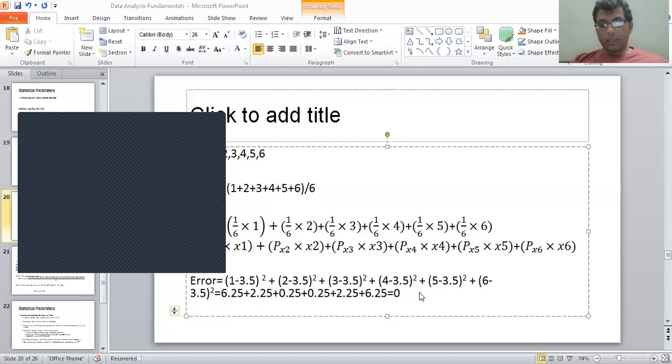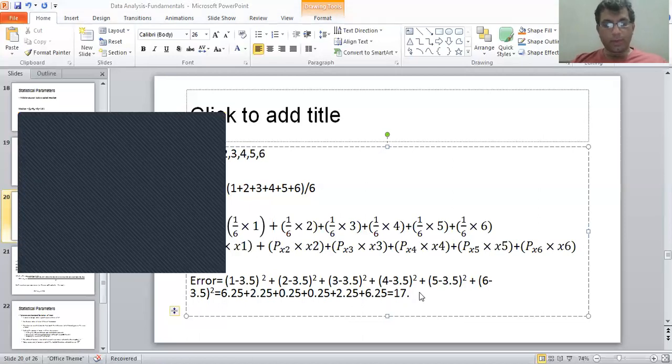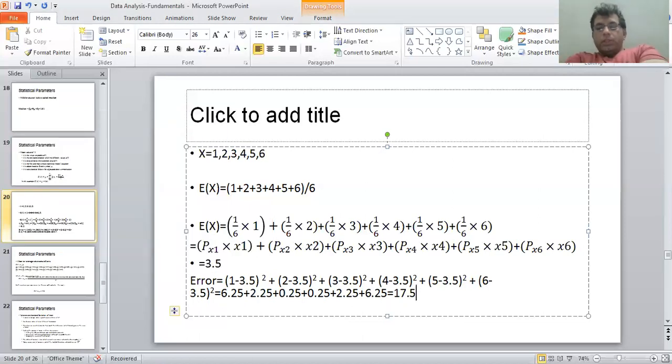So the error, not rather error, since we have taken the squares, it's 17.5. So this means that now the sign problem is solved, and because of which the two issues are also resolved. But still the calculation is lacking something. Whatever we have calculated is not the error, it's basically the square of the errors.